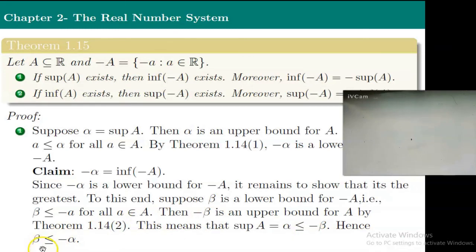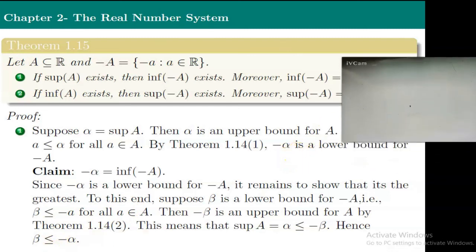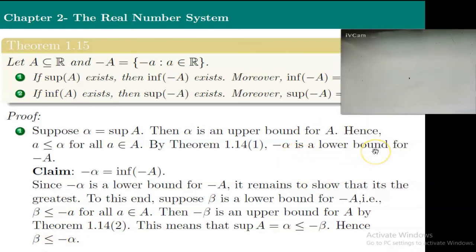So we have shown that negative alpha is greater than or equal to beta. So this is now the greatest lower bound, because we supposed that beta is any lower bound, and we have shown that negative alpha is a lower bound also.